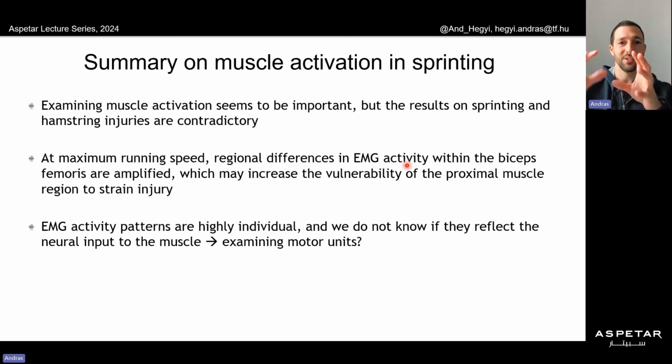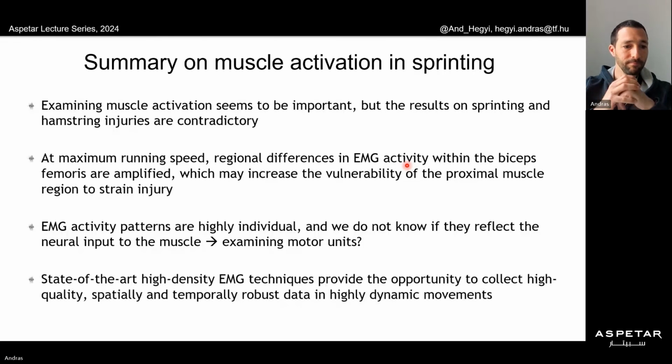So one way to go from here is to actually examine the motor unit behavior. State-of-the-art high-density EMG techniques provide the opportunity to collect high-quality, spatially and temporally robust data in highly dynamic movements.